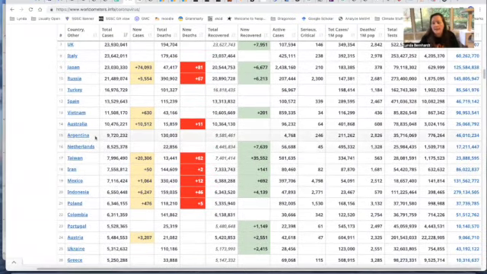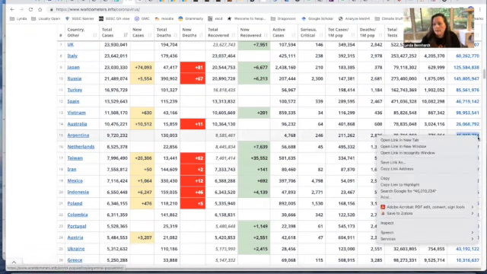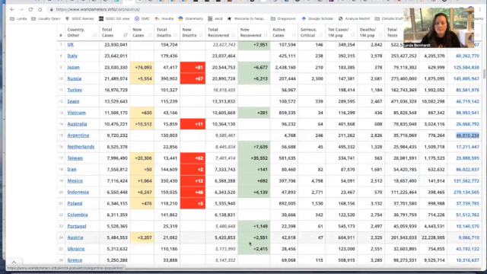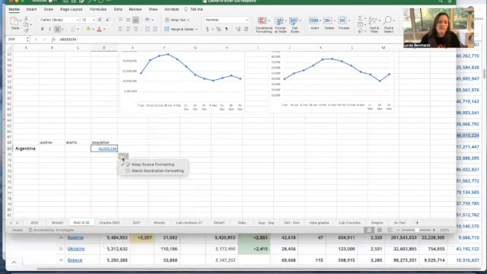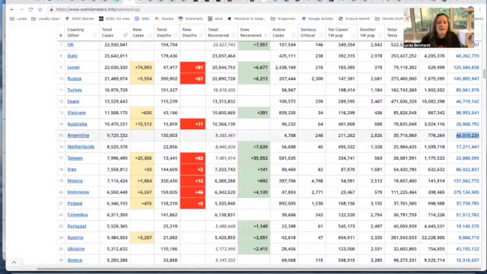This is my Argentina. So population is right here. Copy. So this is my population for Argentina. There we go. And then I am going to do my positives.